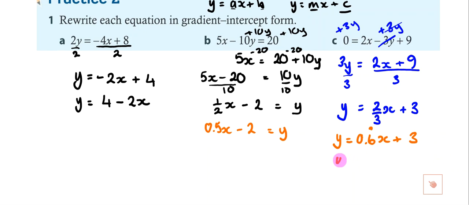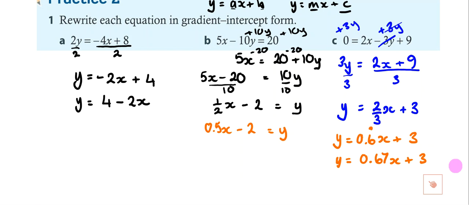Some people would write 0.67x plus 3. That's wrong. Why is that wrong? Because you just put 2 over 3 on the calculator and rounded it. And what do we use equations of straight lines for? Predictions.